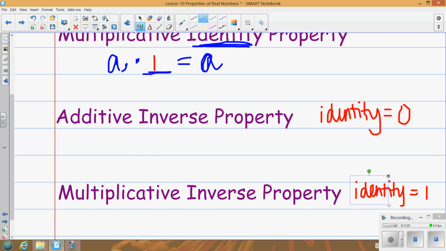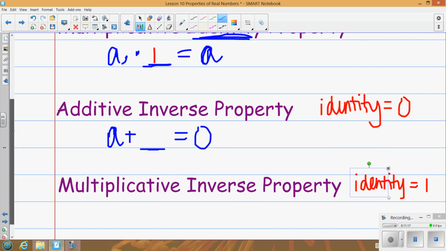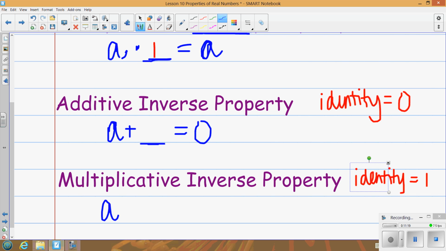Adding, what can I add to a number to keep its identity? Well, that's 0. So if I'm trying to find the additive inverse, what this is asking is, what do I add to a number to get out the identity? Multiplication, what do I multiply by a number to get out the multiplicative identity?